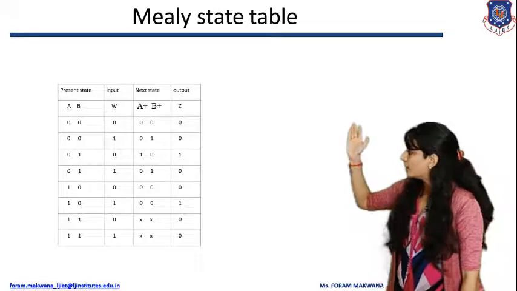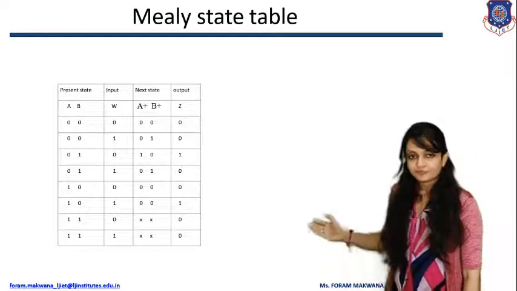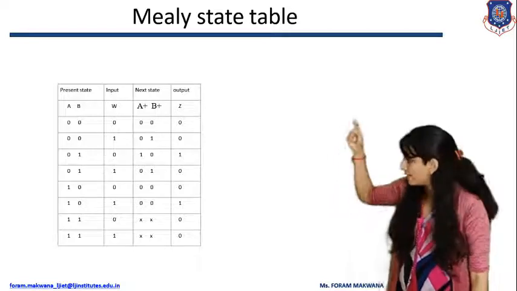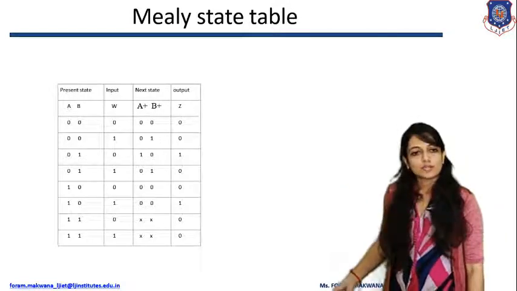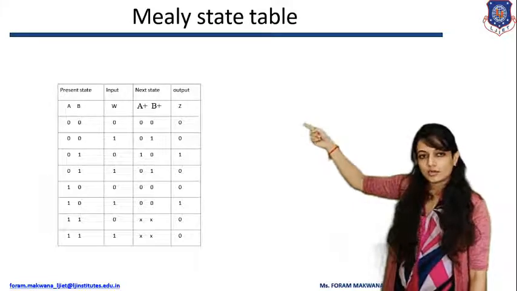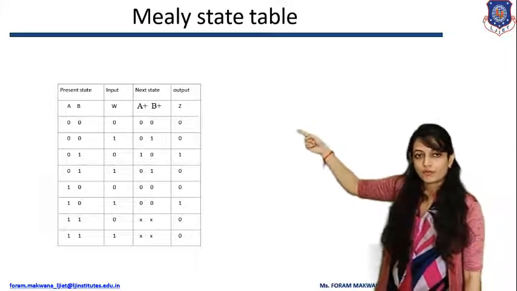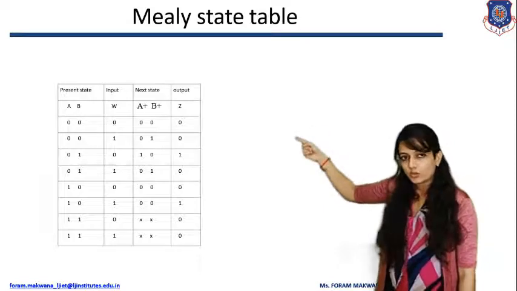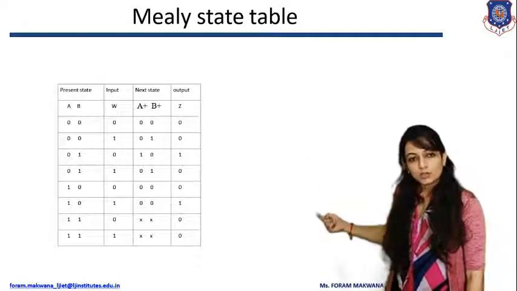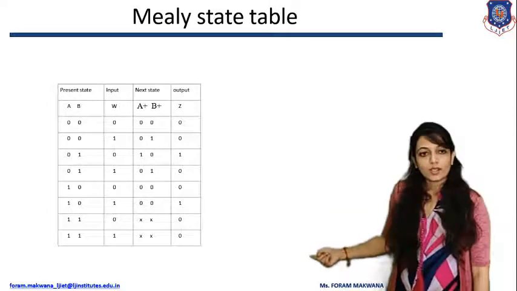Alright, what is the state equation for B plus? We can directly write it from the state table. First, we need to consider at which places 1 is there. So there are a total of 2 places. One is for 0, 0, that is A dash B dash, for the value of W equal to 1. So W A dash B dash plus W A dash B. Why is it W?